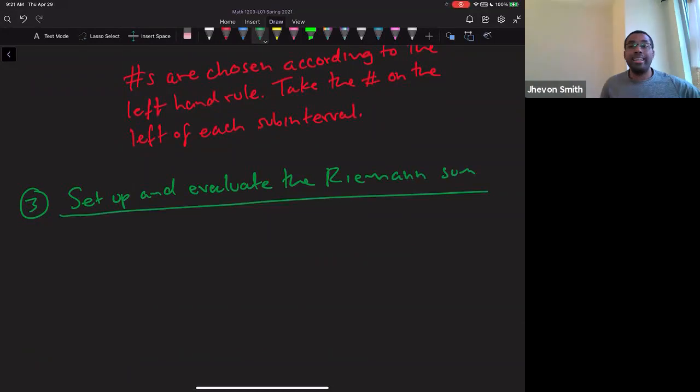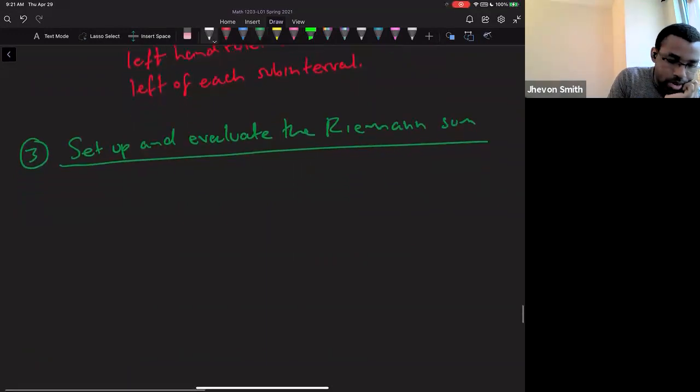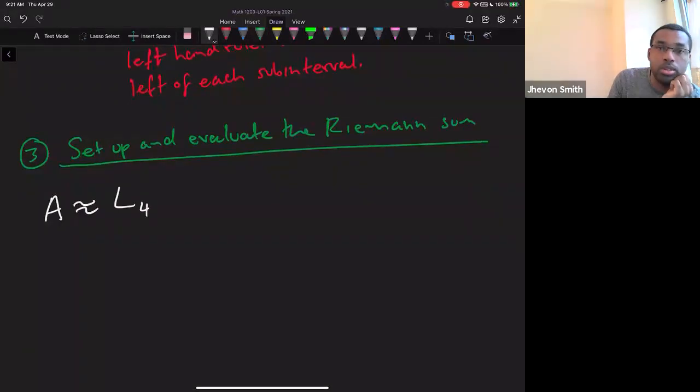Here's where we're going to throw the height into the mix, right? So we know that our area is going to be approximated by the left-hand approximation with 4 subintervals.